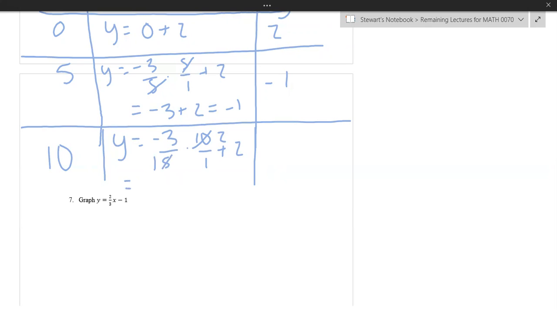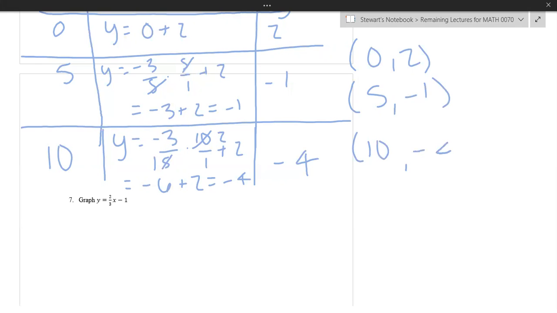So this is negative 3 times 2, which is negative 6, plus 2, that's negative 4. So for our points, we have 0, 2, 5, negative 1, and 10, negative 4.